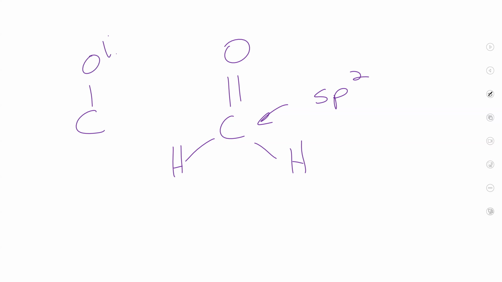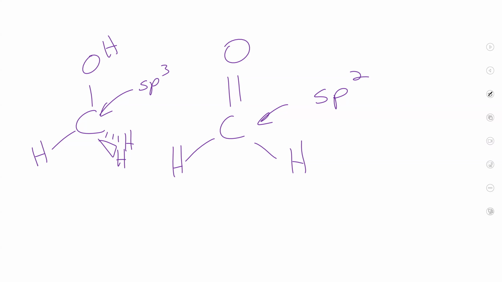Versus if we had methanol, we have 4 things taking up space. So you need 4 hybridized orbitals. So it's not sp2, this carbon is sp3. So basically, with sp2 and sp3, all the hybridization is like a direct one-to-one translation with electron geometry.